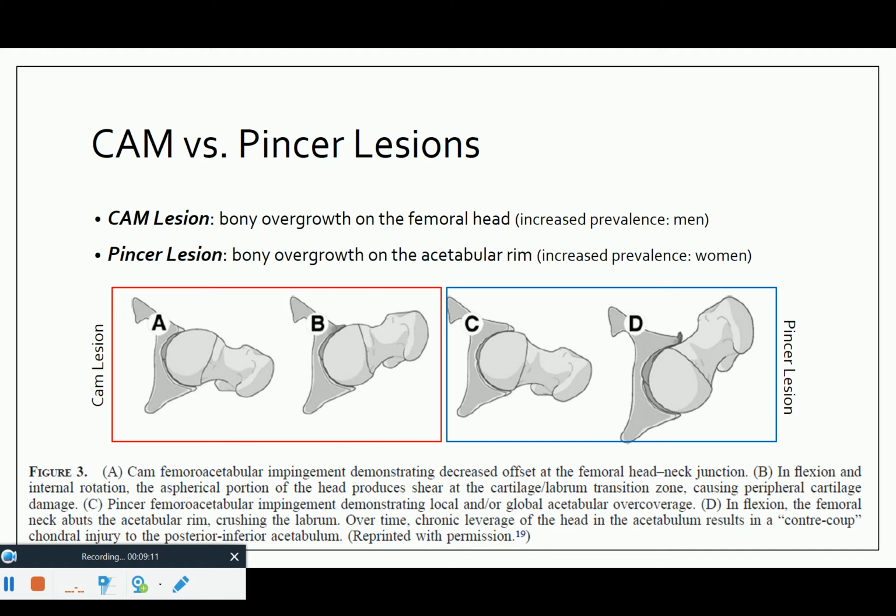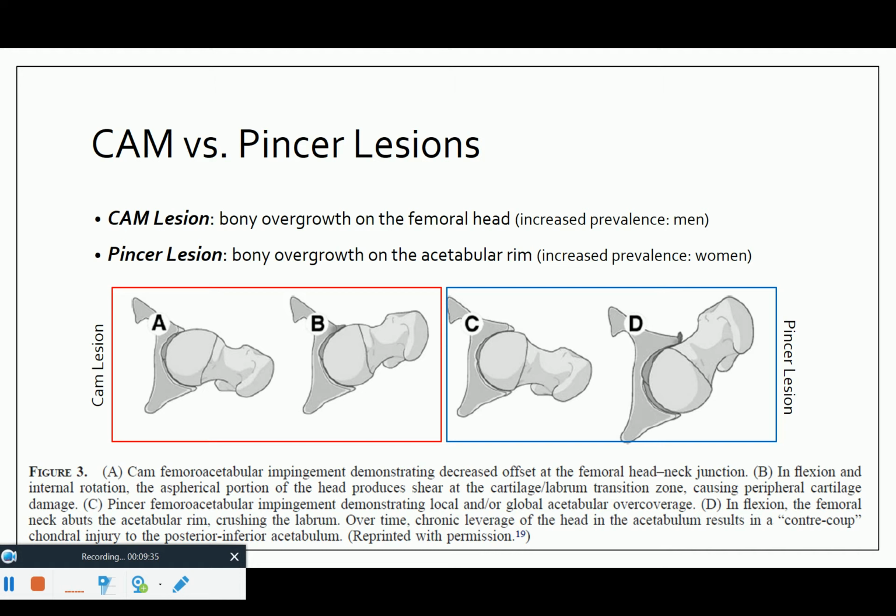If you have the privilege, when you work in the clinic, to see someone's x-rays, this can be used as a diagnostic tool for hip impingement if you see bony abnormalities in these 2 areas. This picture is obviously looking straight down from top to bottom, superior to inferior in the patient.